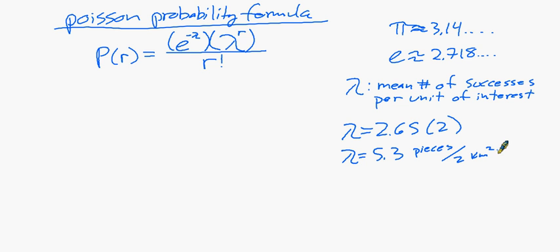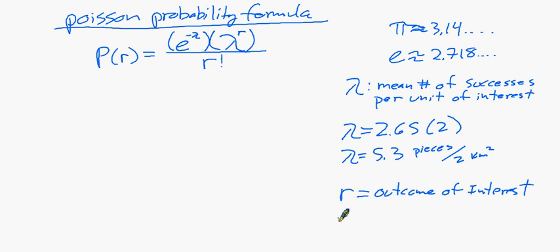So that's all that lambda is. So you just have to be careful because usually, like it is here, averages are given per single unit, but oftentimes in these kinds of questions, your unit of interest is multiple units, like 2 square kilometers. Then the last thing is R, which is actually just like we have seen before.